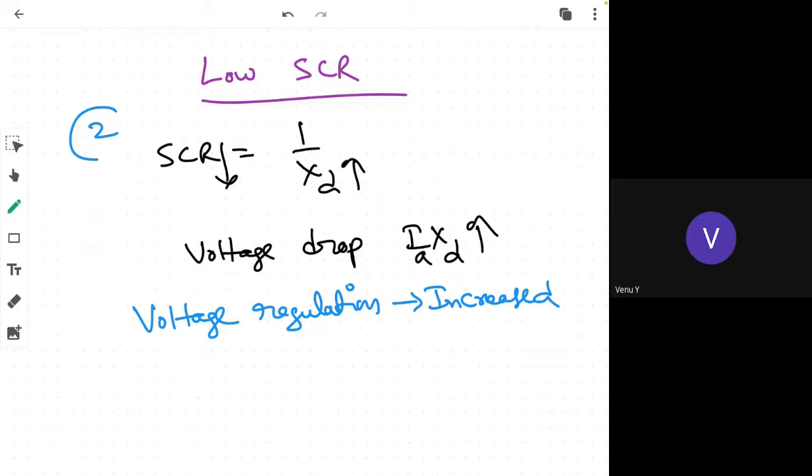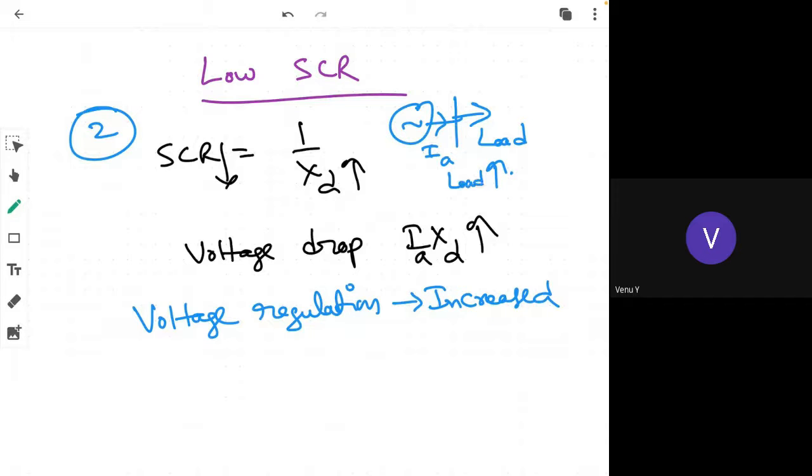That means when the load on the generator, suppose this is the generator, this is the load, so this is IA, when the load on the generator has been increased, naturally the voltage will fall down. Voltage will be decreased.